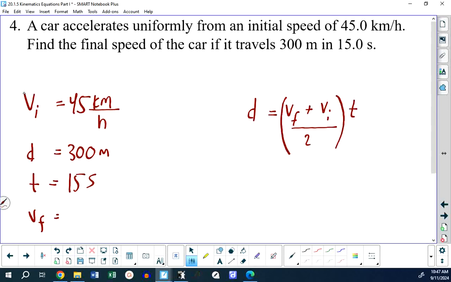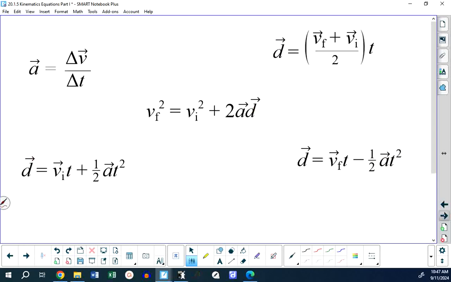And this is the formula. Be very careful here. A common mistake, and you might find yourself making it, I might find myself making it, is that this formula in the top right that we want to use has a VF and a VI, and this formula over here has a VF and a VI, but in one of the formulas you're subtracting and the other you're adding.